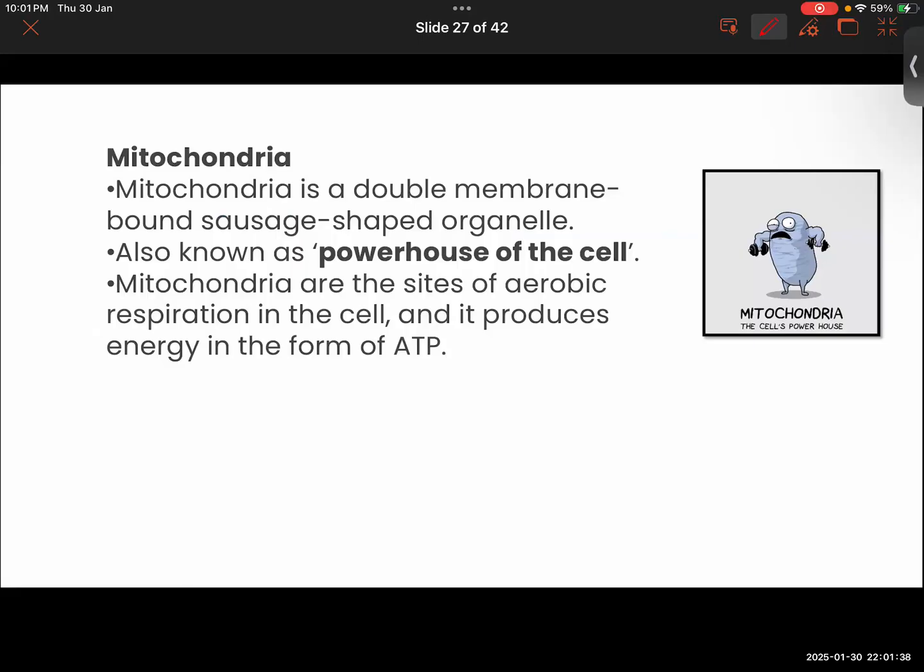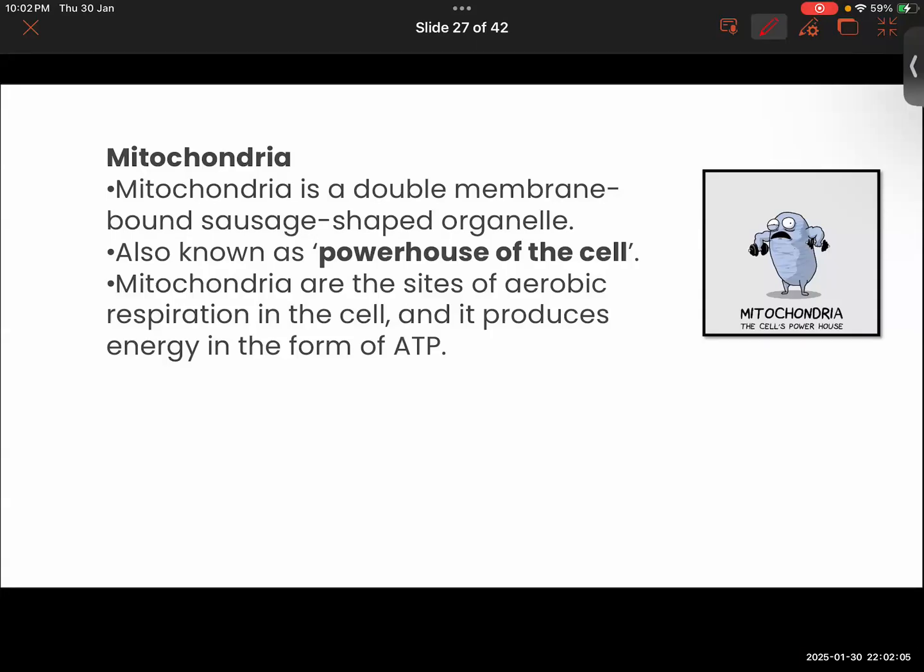So you tell me, what is the function of the endoplasmic reticulum? It helps in the transportation of substances. What substances particularly? Proteins. Mainly, its main function is to produce protein, right?